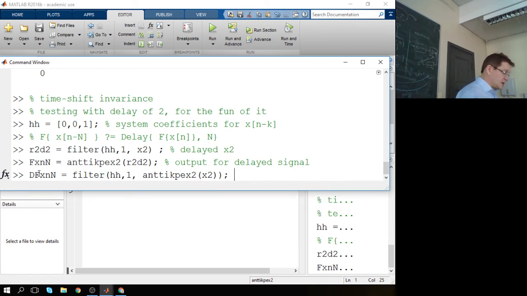Right. So this is basically the delayed output of the original signal.